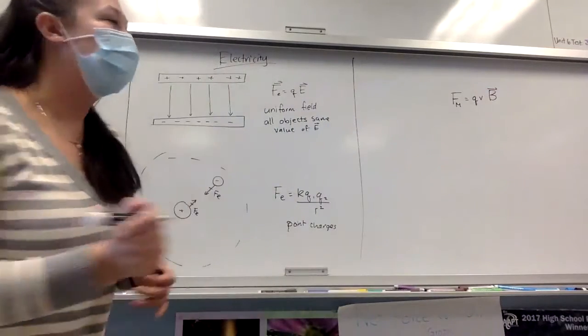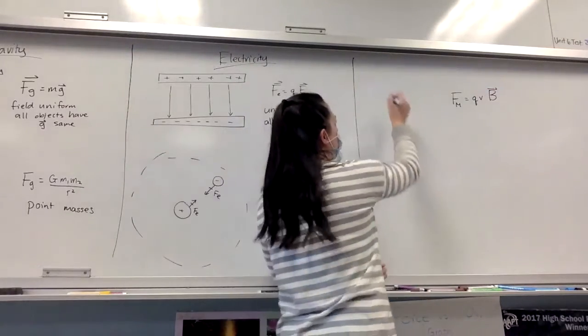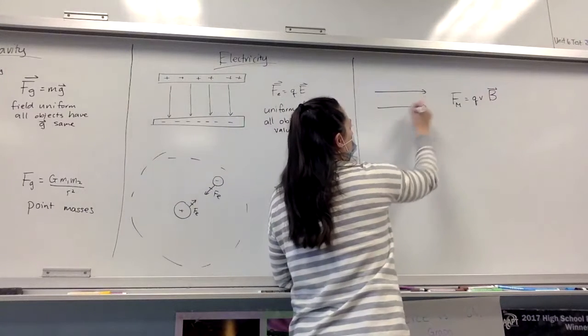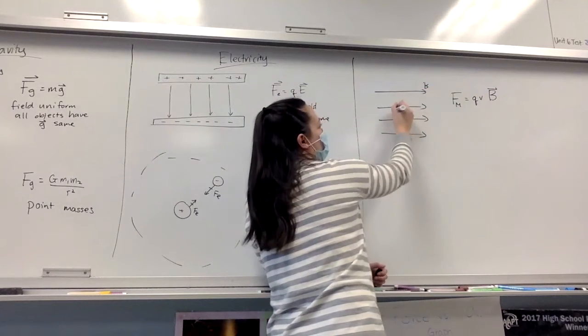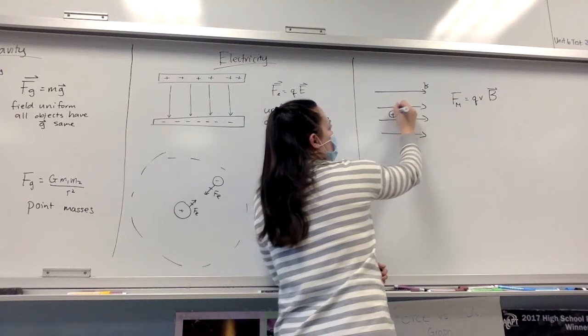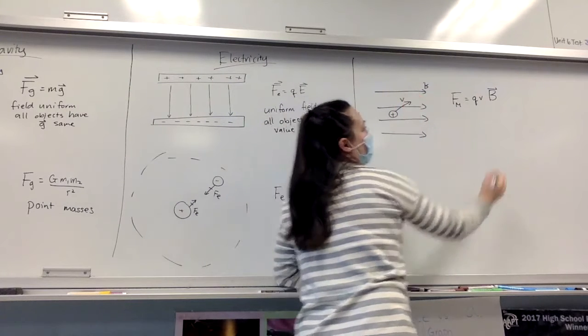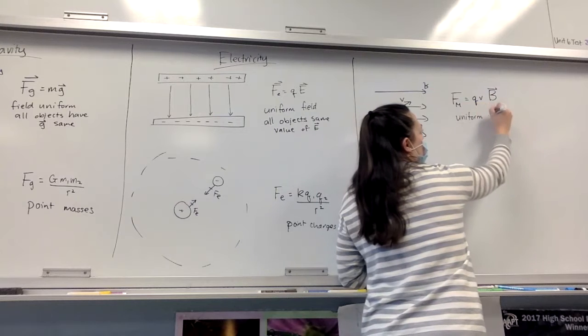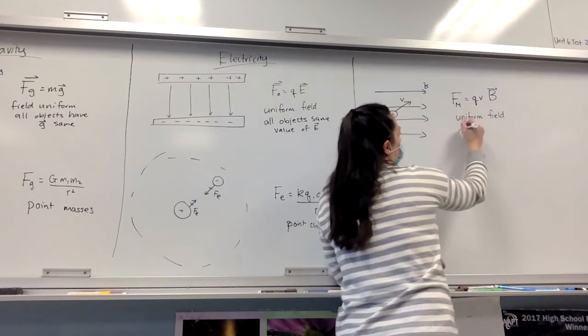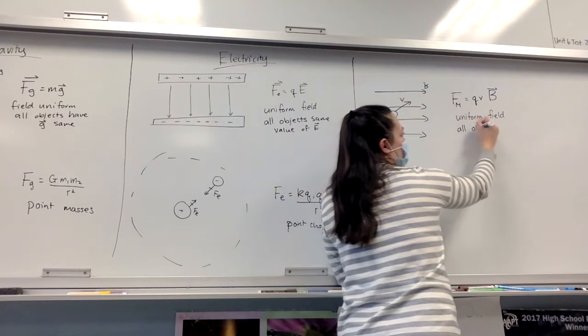So you'd have a uniform magnetic field. Let's say my magnetic field points to the right. I'd have some sort of moving charge. And this would be a uniform magnetic field, and all objects would have the same B.